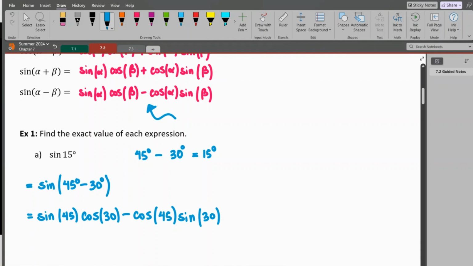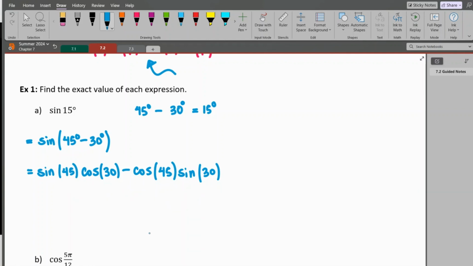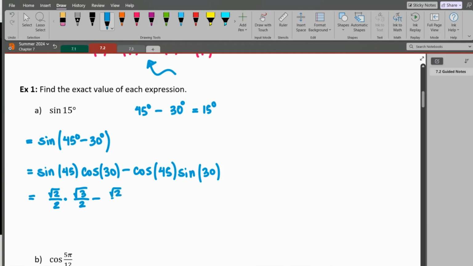All right, and again, the reason that this is really helpful is I can go through and actually evaluate all four of these things here. For instance, sine of 45, well, that's just equal to the square root of 2 over 2. Cosine of 30 is equal to the square root of 3 over 2. Cosine of 45 is root 2 over 2.